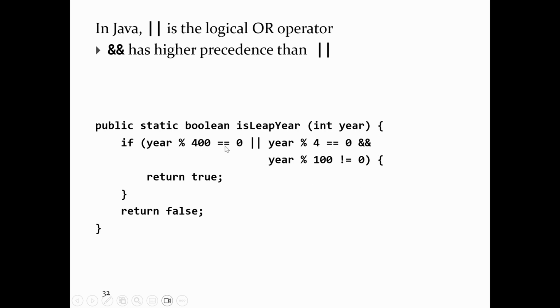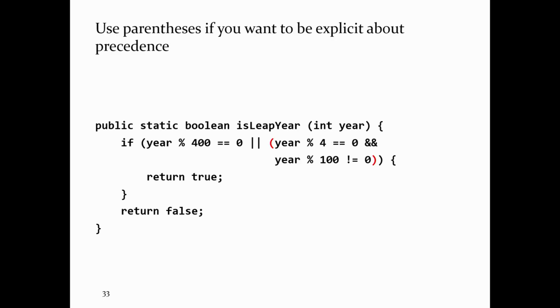So then it evaluates that condition, takes the logical or with the next condition, with the overall value of this condition. Right? Now, if you don't like that, and a lot of people don't like that because it's not always easy to remember what the precedence of your operators are, you can always use parentheses to be explicit about the order that you want things evaluated in.